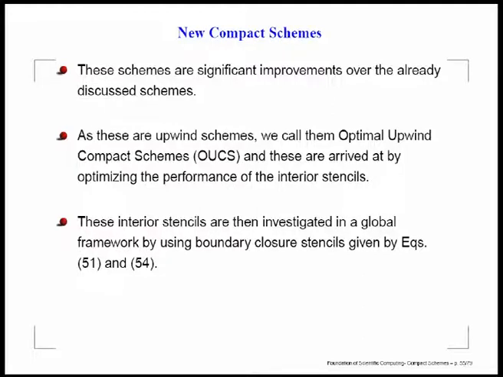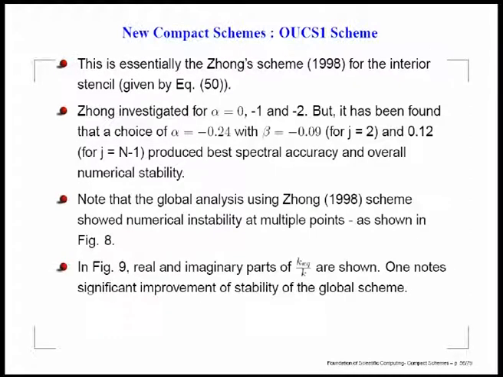What is the problem with the existing scheme? And we proposed a solution. And this is what we called an optimal upwind compact scheme. Optimal in the sense that we try to figure out those constants that would appear in the scheme like alpha and beta, that we have manually optimized. And then we have the global analysis tool, and we can check what we are getting.